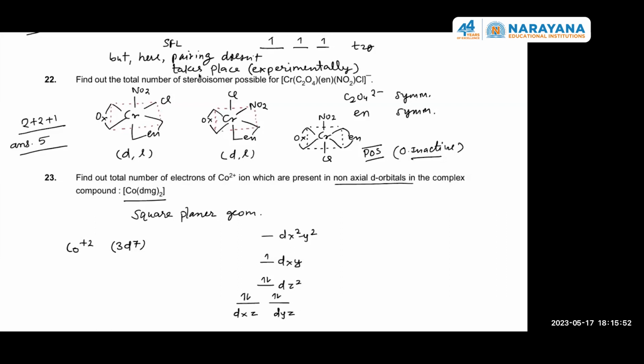Another condition is we have to check for non-axial d orbitals only, right? So we will have these three as the non-axial d orbitals, and the total number of electrons present counting is coming 5.